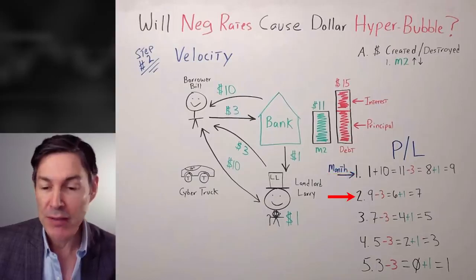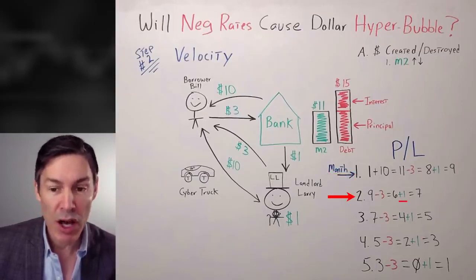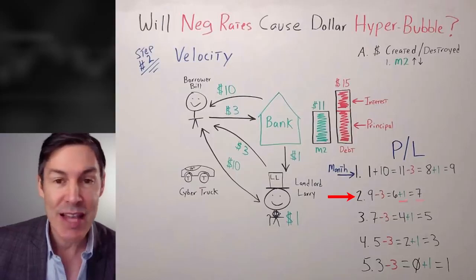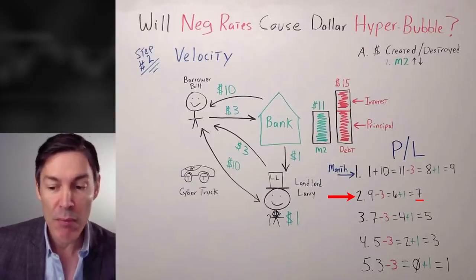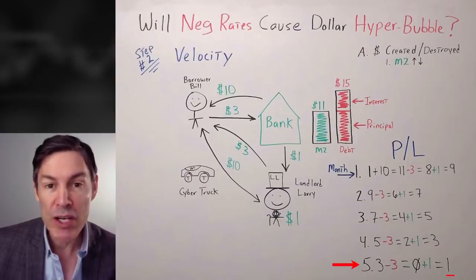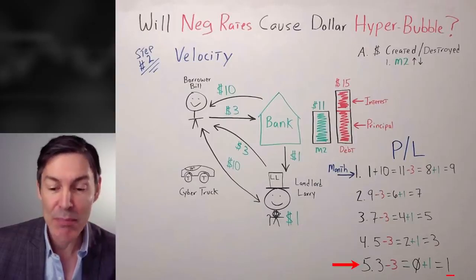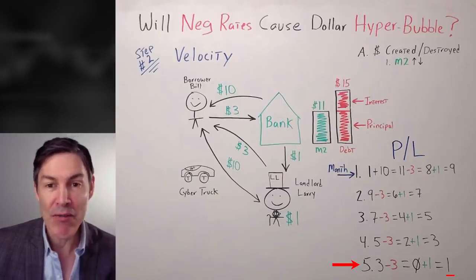Month 2, he's got to pay Borrower Bill $3 again, but he gets the $1 in rent. You can see how this plays out. Month 2, Landlord Larry has $7 at the end of the month. Month 3, $5. Month 4, $3. And month 5, $1 again in his back pocket at the end of the month.